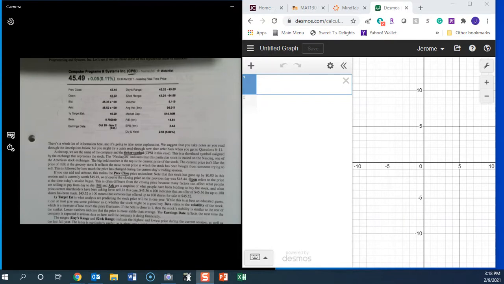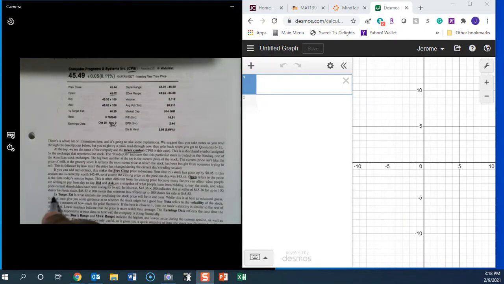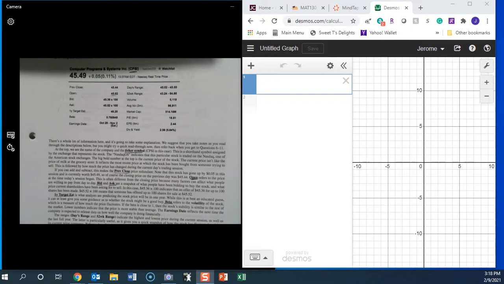So now, we also have a 1-year target estimate, which is what analysts are predicting the price is going to be a year from now. Okay, the next thing you have is this word called beta, which refers to the volatility of the stock. It just basically tells you how much the price fluctuates.